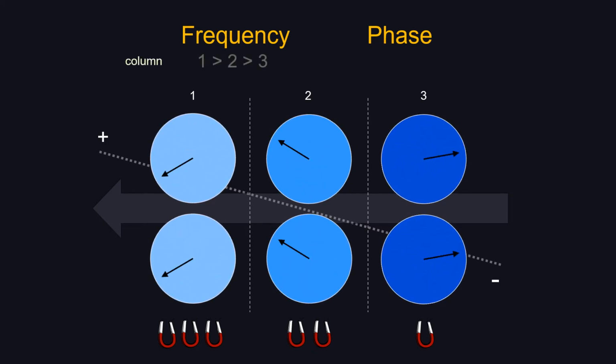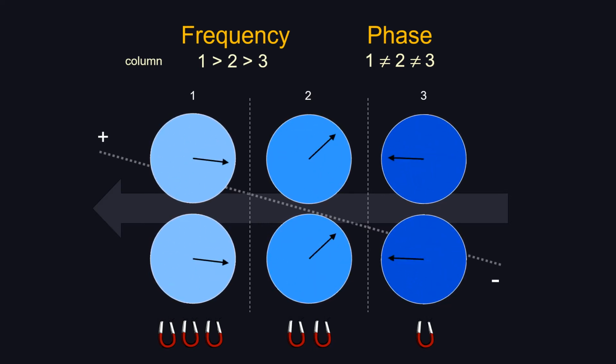The frequency is different. 1 is much faster than 2, than 3. But notice the phase is also different. So the entire group is completely out of phase. This group has the weakest signal. So if you turn on the gradient and it stays on, you would have caused a frequency shift and phase shift. Different frequency, different phase.